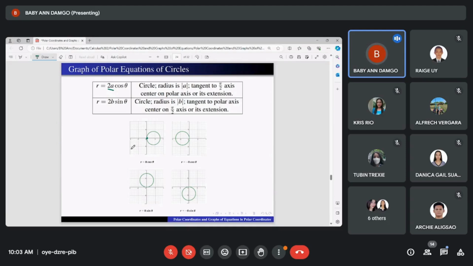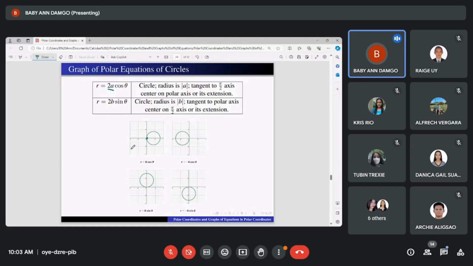Okay? Question? So, ang symmetry niya, class, kay naa siya sa polar axis. Ang symmetry kung naa ka sa cosine. Okay? For sine, so the same gihapon siya class. Ang kaning 2b kay mauna siya ang diameter from the pole to here. So mauna siya diameter of the circle.